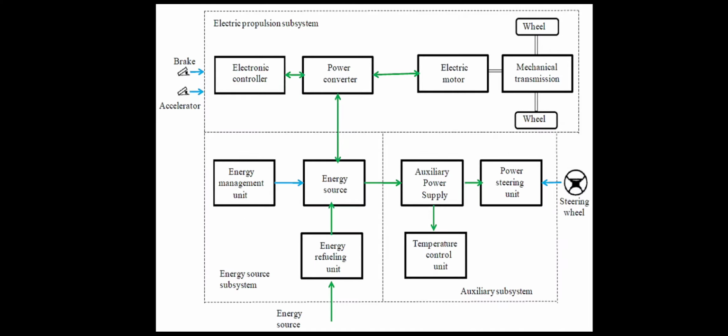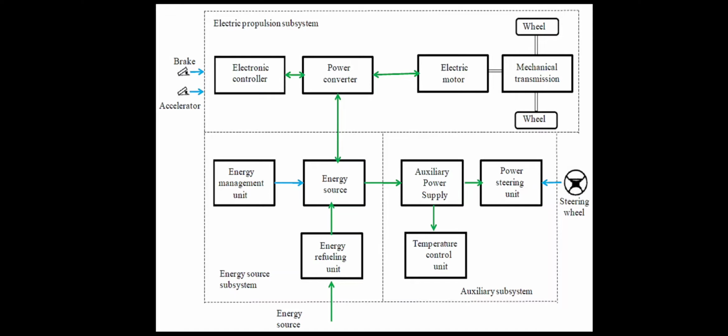Now in this figure you can see the general configuration of the EV. The EV has three major subsystems: electric propulsion, energy source and auxiliary systems. The electric propulsion system comprises the electronic controller, power converter, electric motor, mechanical transmission and driving wheels.